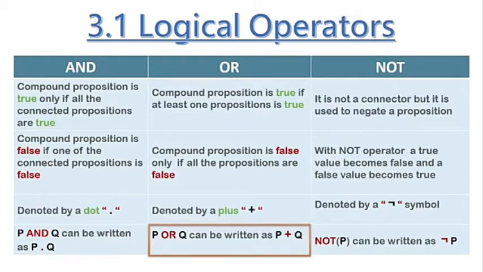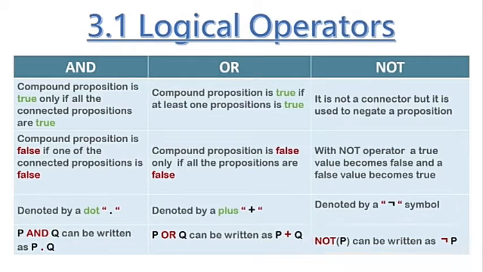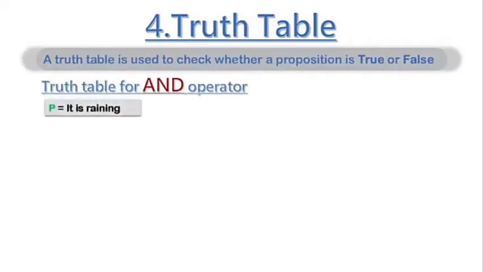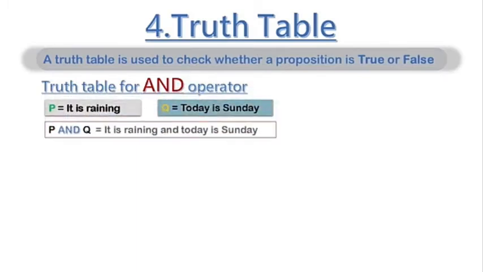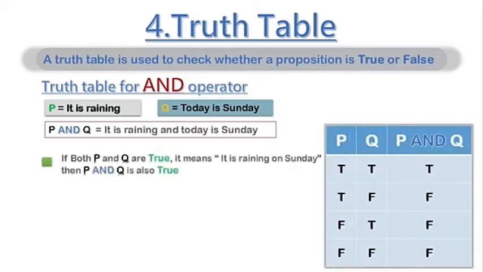If both conditions are true, p meaning it is raining and q meaning today is Sunday, then I will say yes, it is raining and today is Sunday. So that time p AND q will be true. In the previous topic you learned that both conditions should be true.